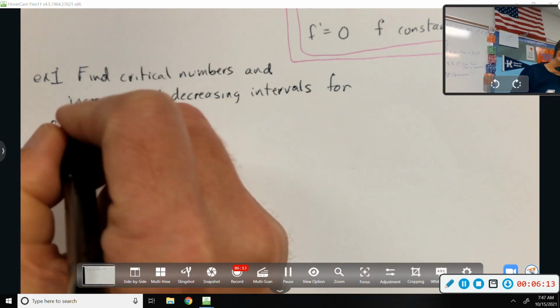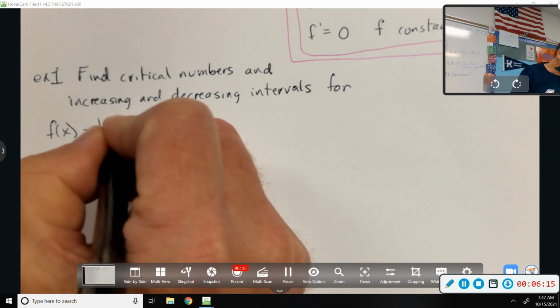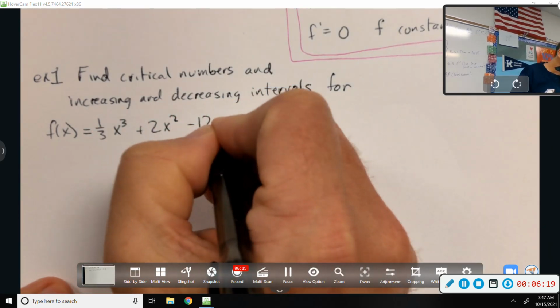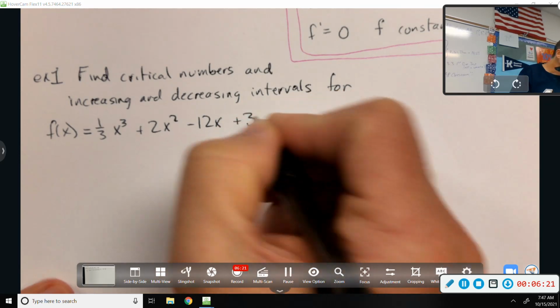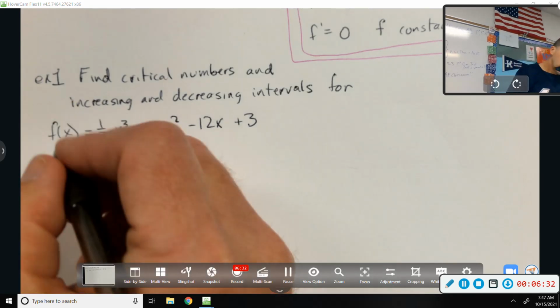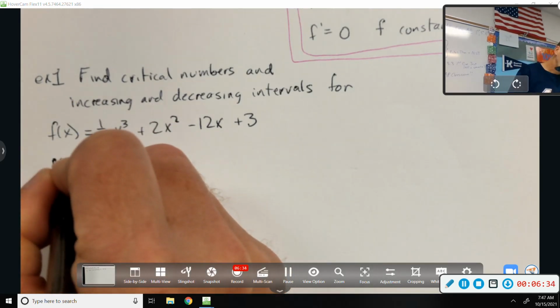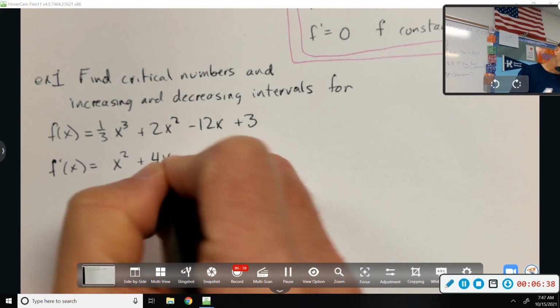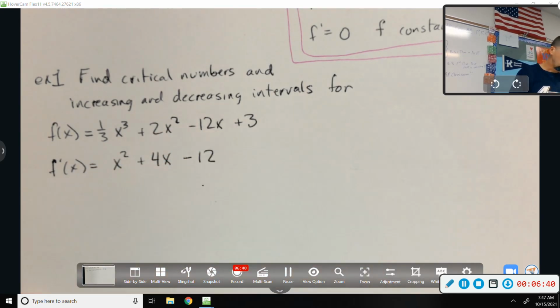All right, f of x equals 1/3 x cubed plus 2x squared minus 12x plus 3. That looks kind of bad with the 1/3, but when we take a derivative, I'm being nice to you here, that would be x squared plus 4x minus 12.